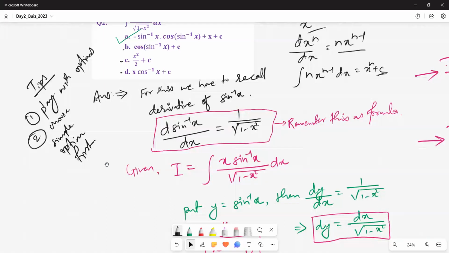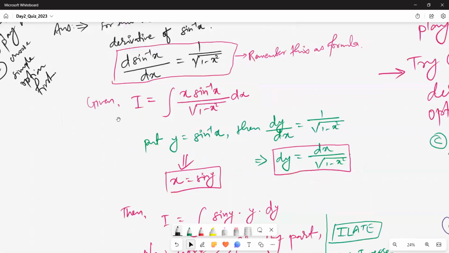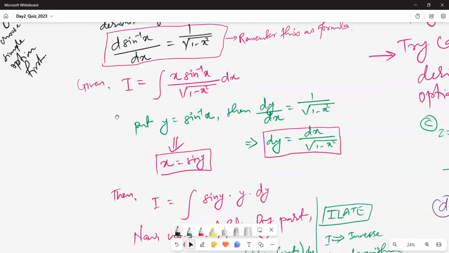So I have shown the detailed calculation here. First of all, we recall the derivative of sine inverse x. What is the derivative of sine inverse x? 1 by under root 1 minus x square. This is an integration question, and many of you may remember that it can be done by the substitution method, right?